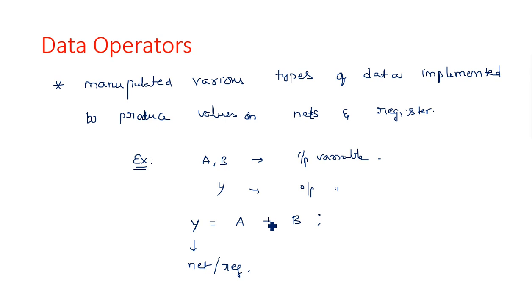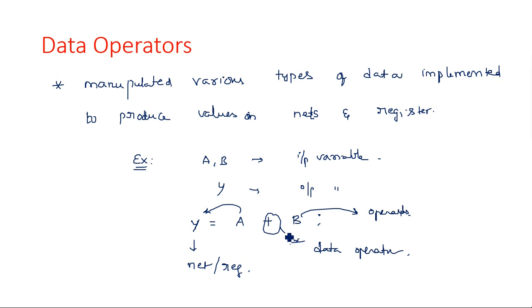Whatever operation we are performing, the result moves to that particular net or register. For this operation we are using a data operator, and all these are operands. So this is y equal to a plus b.